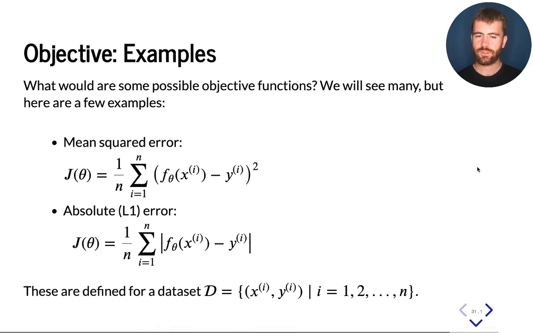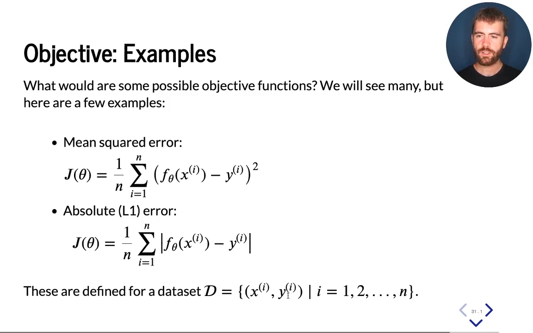So let us look at some examples to make this precise. Let's say that we had a particular model, which I'm denoting here as, again, f sub theta. And f sub theta outputs a prediction for every input x. And we have access to a training data set of examples, x and y.